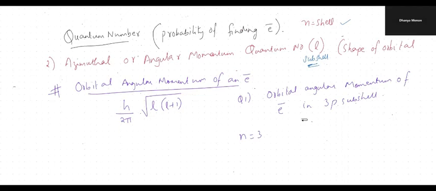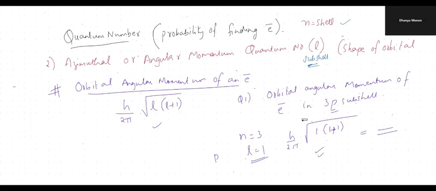Sorry, n value is 3. You have p. When it is P subshell, the L value will be what? 1. You know that, right? So if you know the L value, you can substitute in the formula. So h by 2 pi, root of 1 plus 1. So when you solve it, you will get the answer. So if you know the S subshell, what is the L value? If you have the P subshell, what is the L value? All these you must know in order to solve these questions.